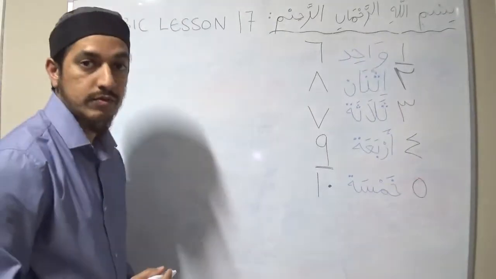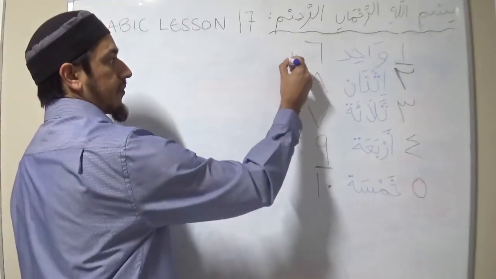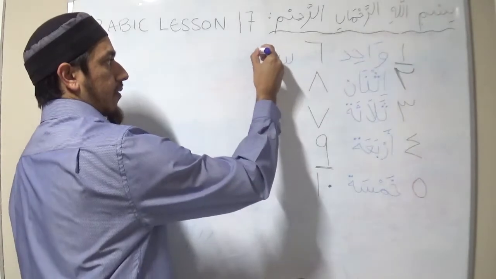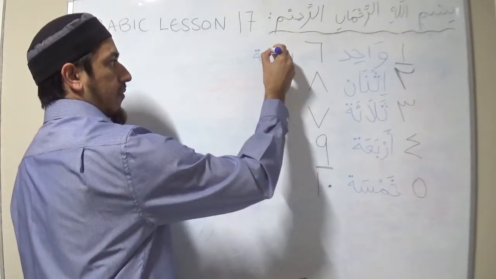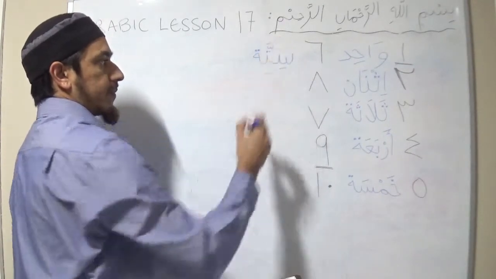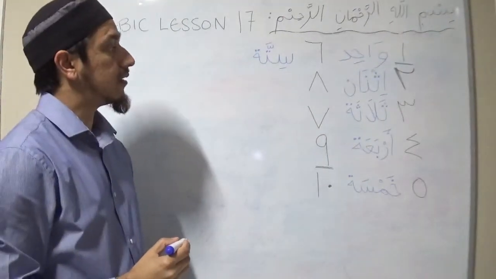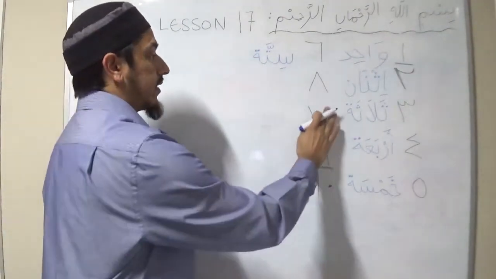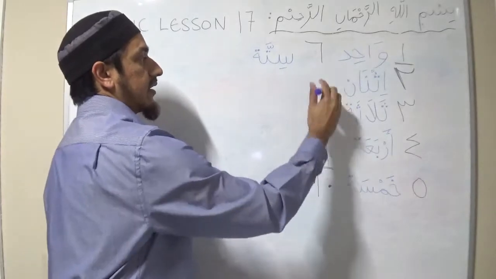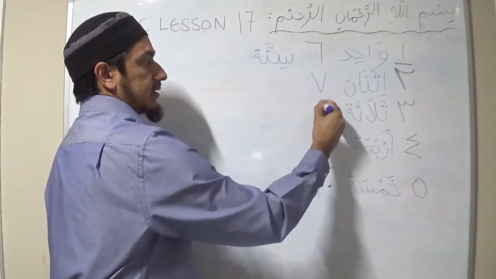And then we go on to ستة. Well, this is the wrong way around. So we have 7 and 8, like that.